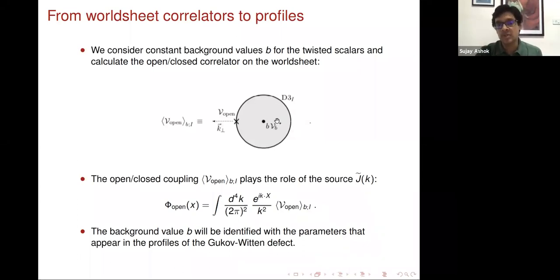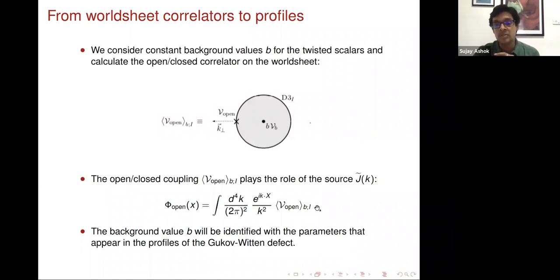We turn on a background value for this closed string field, which I denote mu b, and compute this open-closed correlator. Note that this closed string field does not have any momentum modes. It's just a constant wave that I give to this field. Then we'll see that with this constant wave, this correlator is non-zero, and we'll interpret this to be the source that I mentioned earlier in momentum space.